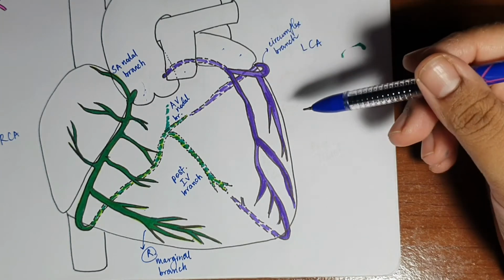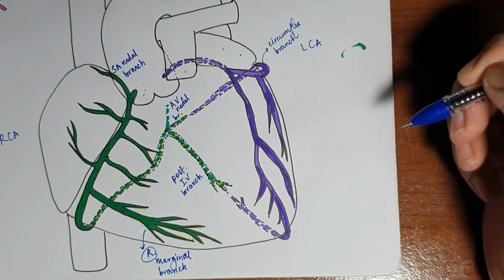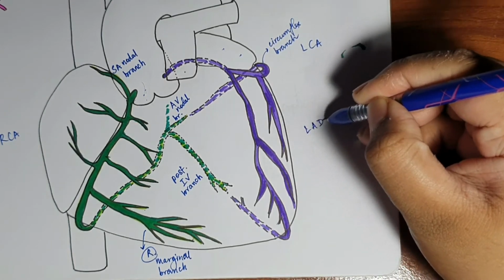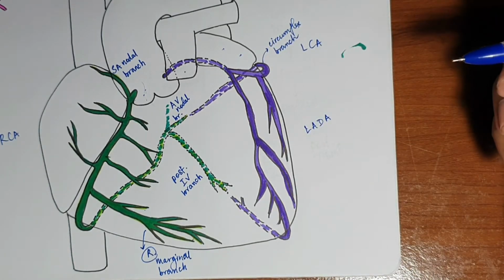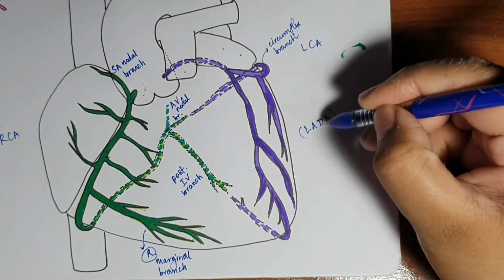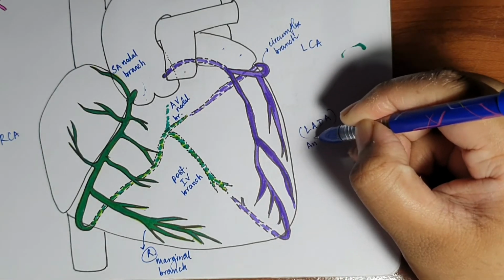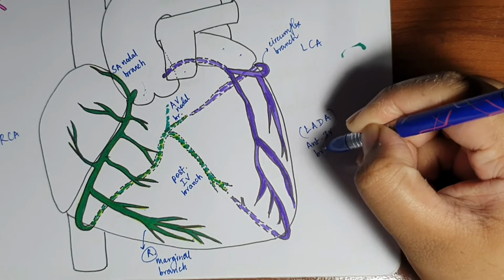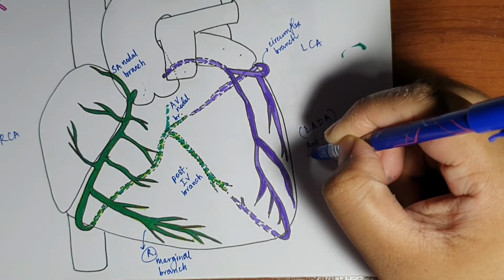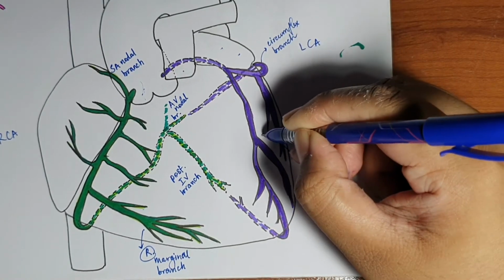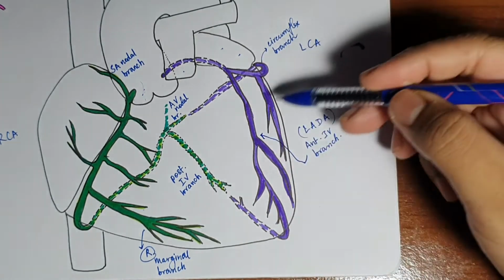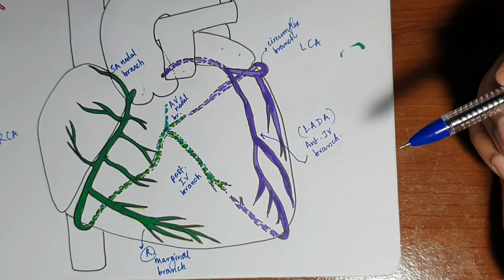The term left anterior descending artery, or LADA, is not used that much now. It's the anterior interventricular branch. This here is the anterior interventricular branch.